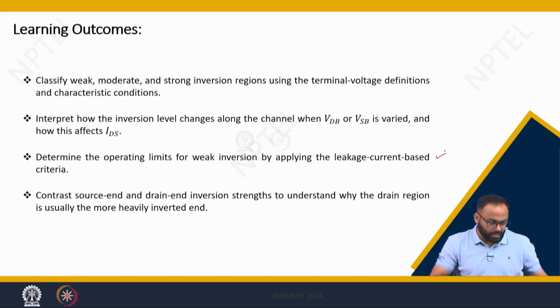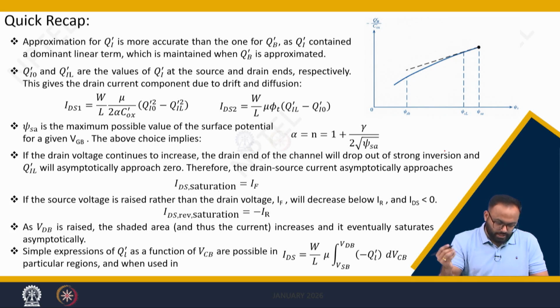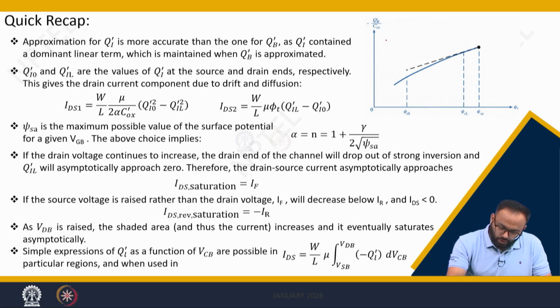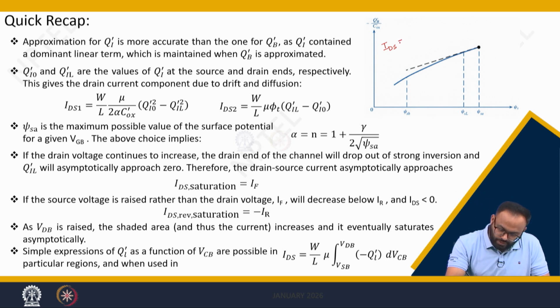So let's start our analysis with a quick recap. In our previous analysis, we derived thoroughly how we can derive the drain current equation in terms of surface potential as well as the charge, basically the inversion charge. We started our analysis with our basic model of drift and diffusion, which is nothing but W into minus Q I dash into mu into d psi by dx.